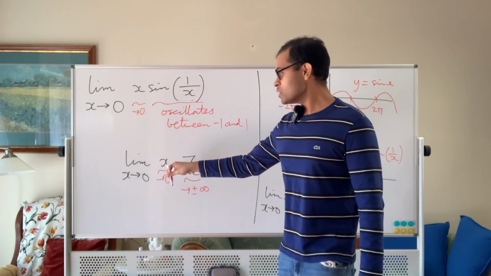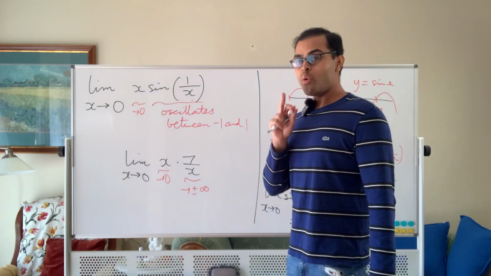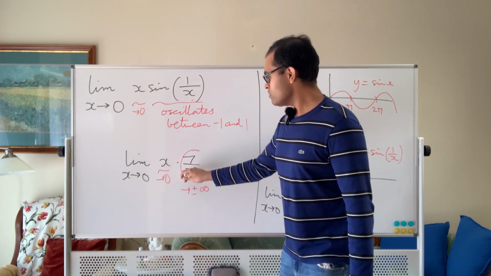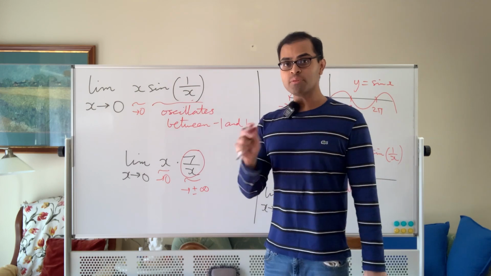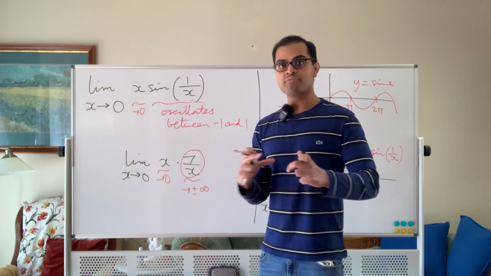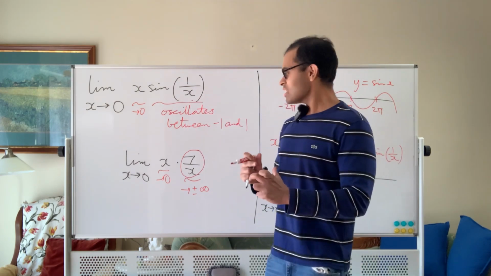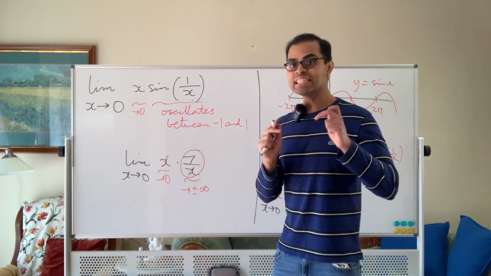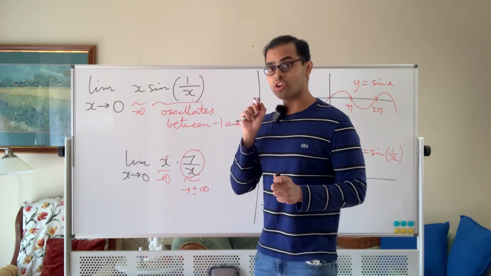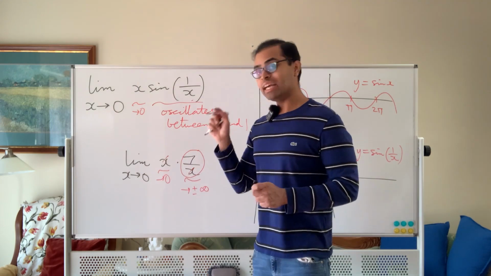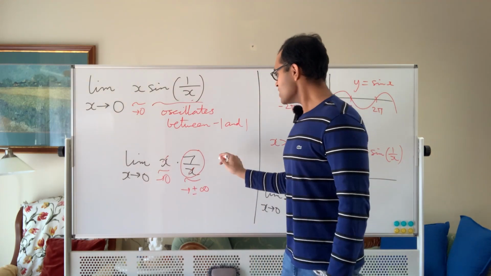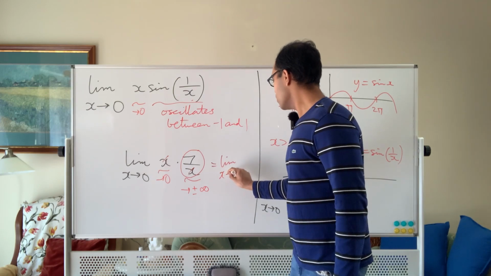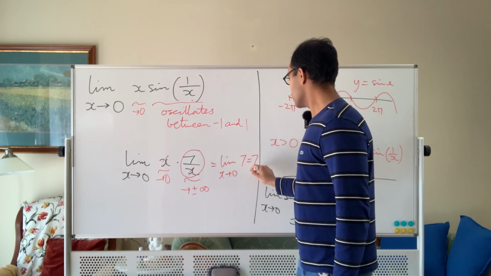Just because 0 times anything is 0 doesn't apply here. This is going to 0, but 7 over x is going to infinity, and the speed at which it's going to infinity cancels off the x somehow. If you simplify, you can cancel off the x's because x is non-zero. In the limit, x is not the value at the point 0, it's what it is near 0. So you get the limit as x goes to 0 of 7, which is just equal to 7.